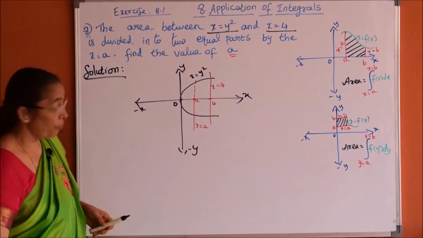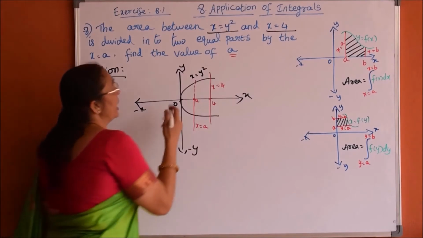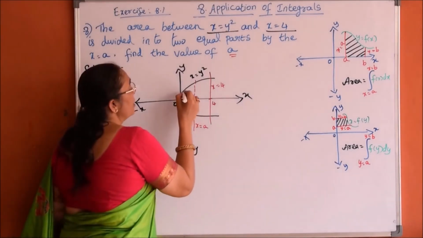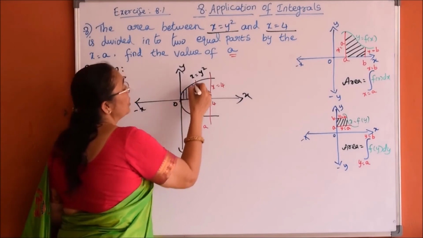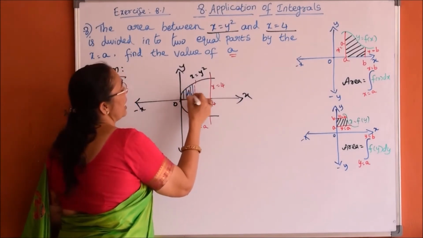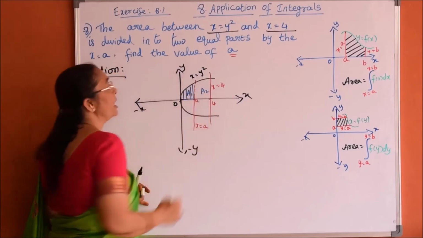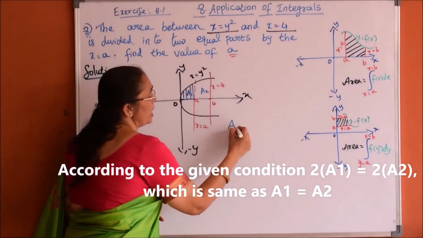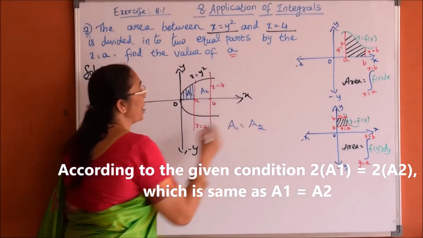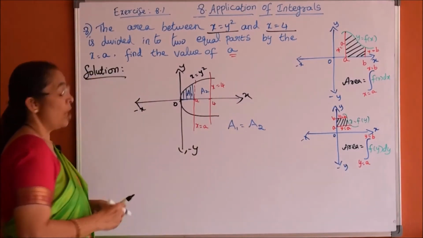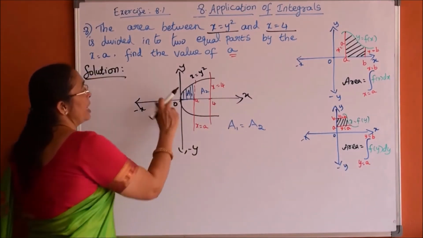It is given that the area between these two, suppose this area is A1 and this area is A2, A1 is equal to A2. Fine. So, how can we write the integration for the A1 area?